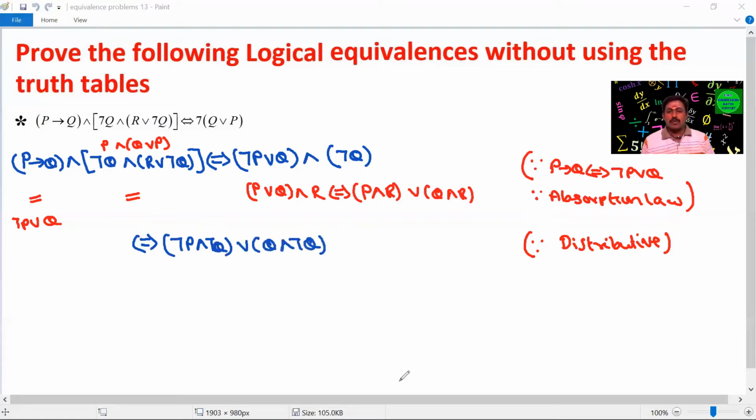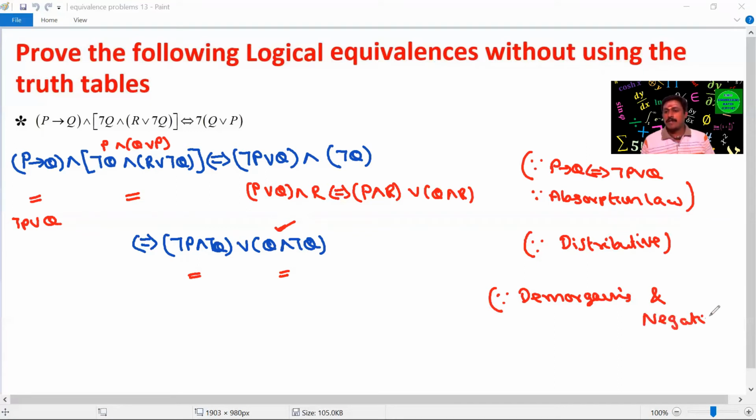So if you observe these two bracket terms, for the first bracket term, we will remember De Morgan's law. Since both the terms consist of not, De Morgan's law is eligible. And if you observe this second term, Q and not Q, negation law is eligible.